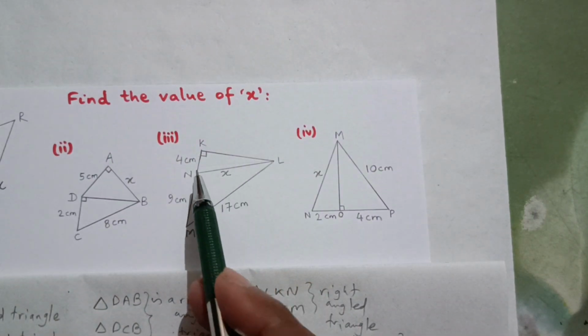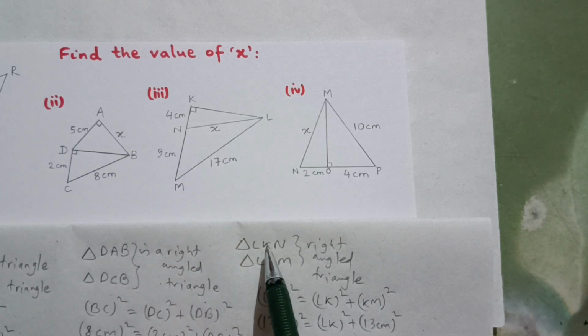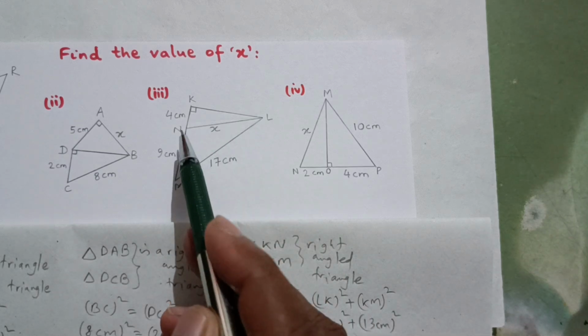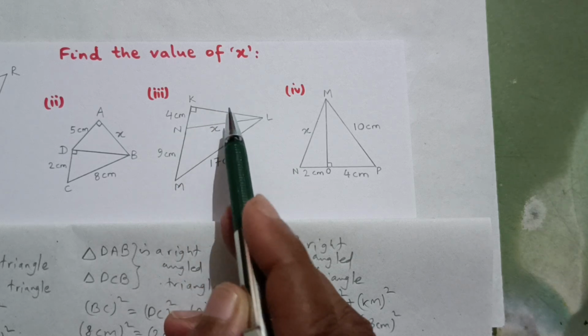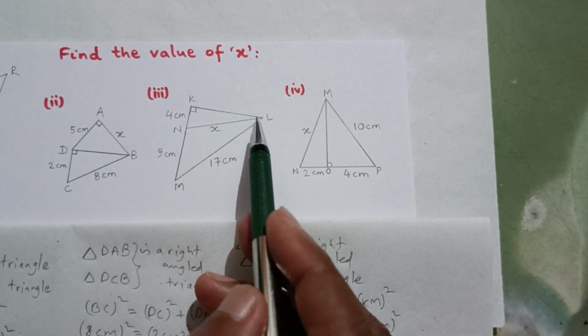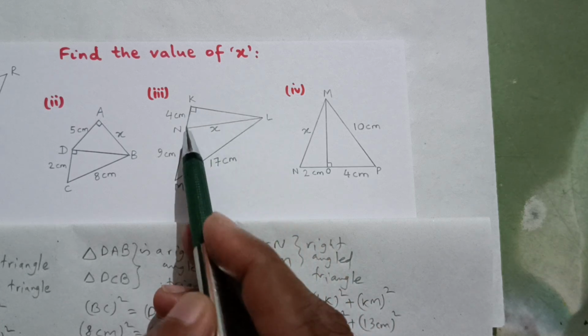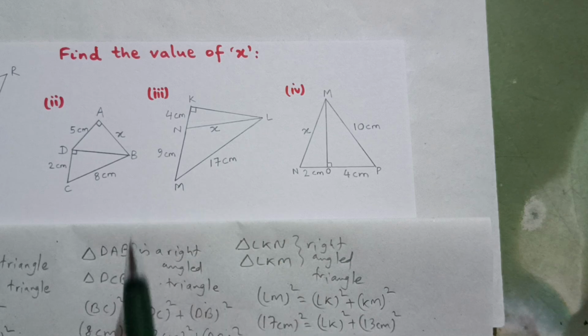And now I will use the smaller triangle, which is triangle LKN. Now triangle LKN is also a right angle triangle. So let's apply Pythagoras theorem to this triangle LKN. In triangle LKN, what is the hypotenuse? The hypotenuse is LN.